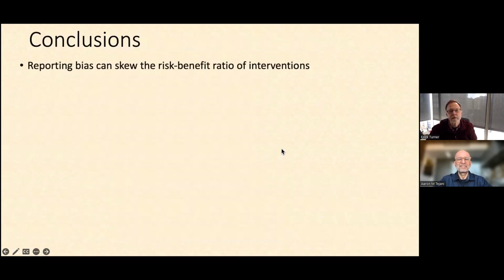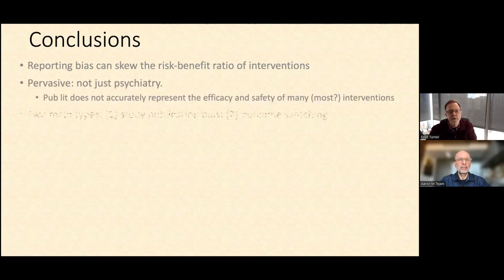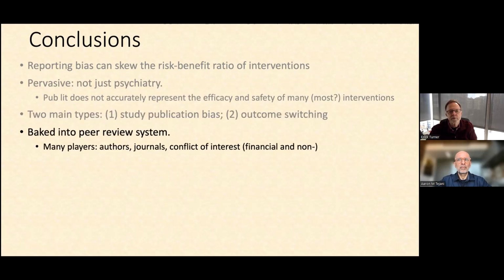So, final wrap-up slide. Conclusions: reporting bias can skew the risk-benefit ratio. It's not just psychiatry. It may be a number of drugs. Perhaps guilty till proven innocent. Maybe we shouldn't just blindly accept everything we see in the peer-reviewed literature. There are two main types: study publication bias and outcome switching.